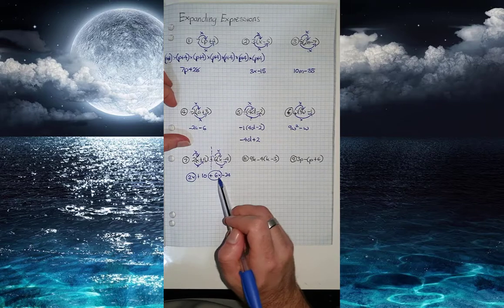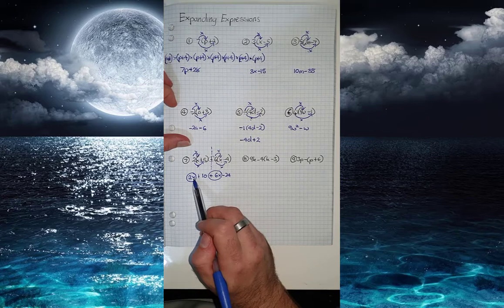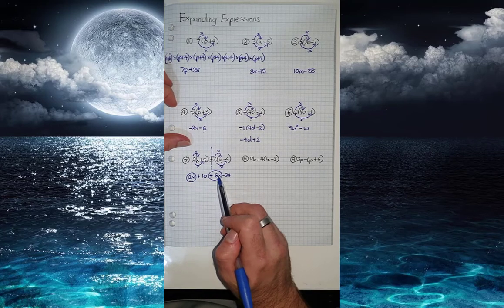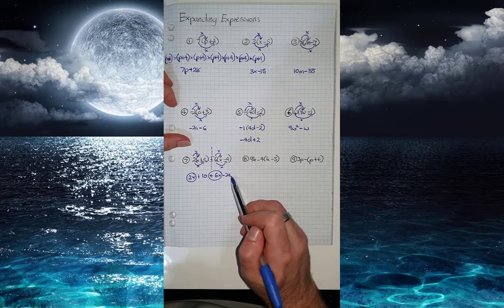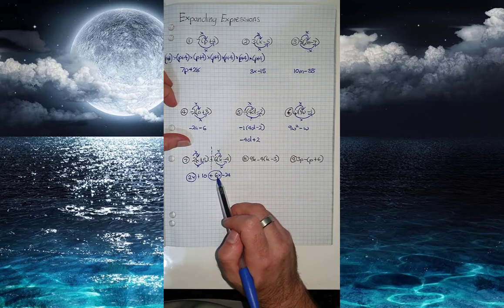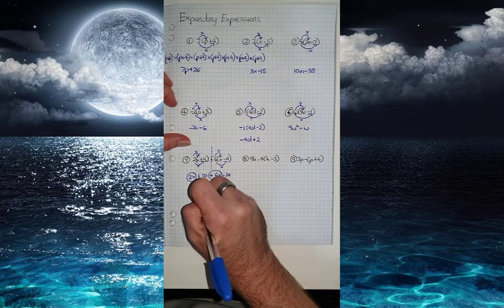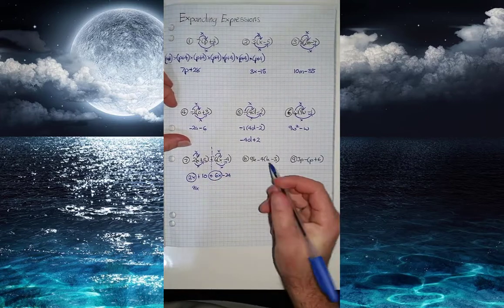Now, 2x plus 6x. Why are these like terms? Because they have the same pronumeral. You'll notice the 10 and the -24 do not have pronumerals, therefore they're not like terms with these two. So 2x plus 6x equals 8x.